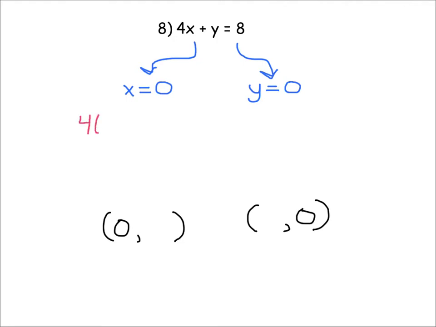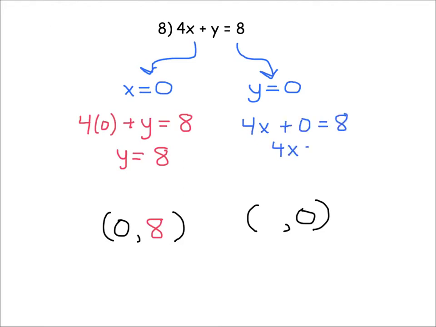So 4 times the 0 plus y will give me 8. So that gives me 0 plus y, so y was equal to 8. And then 4x plus the 0. So 4x equals 8. So x is equal to 2.